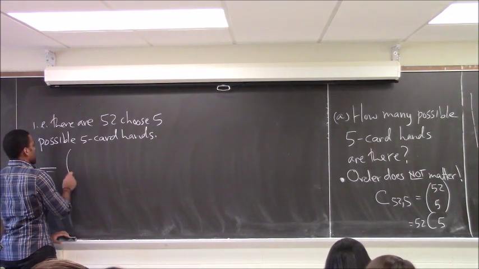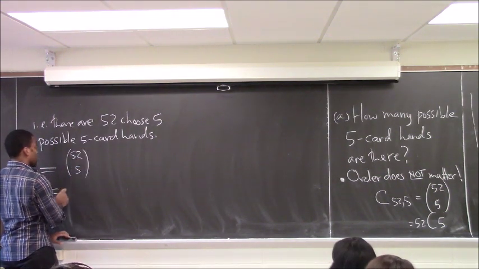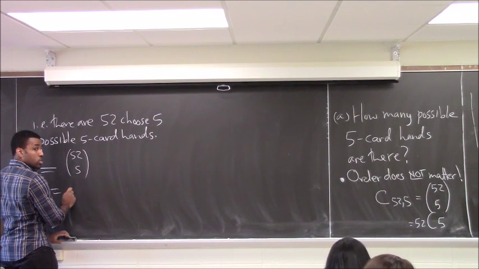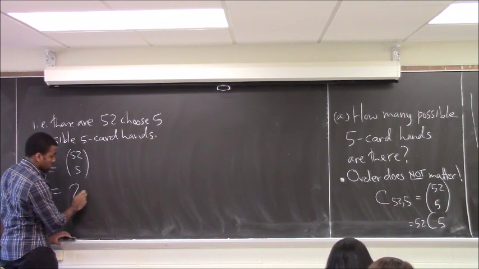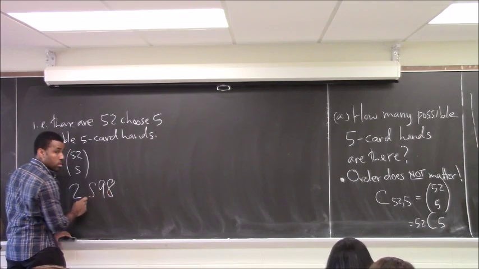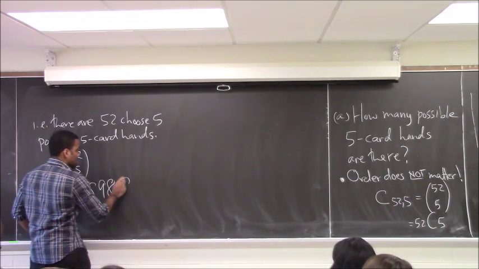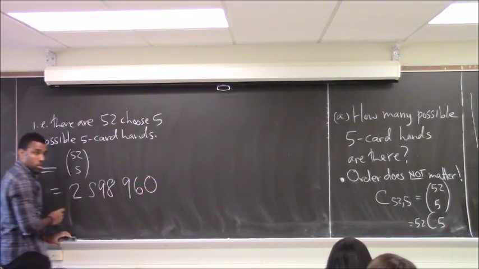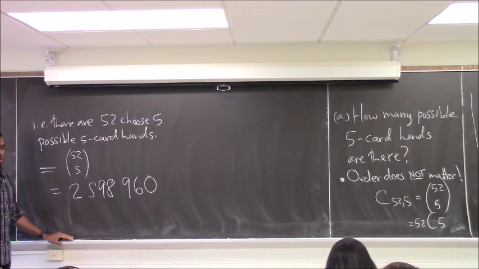So this is 52 choose 5? 2 million... 560. That's how many possible 5-card poker hands there are.